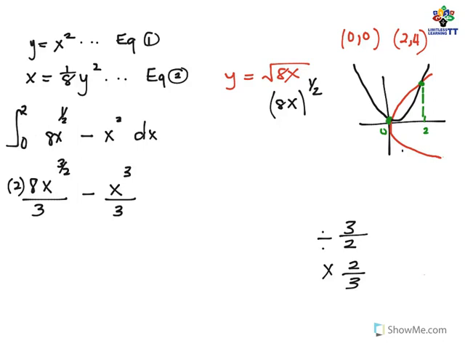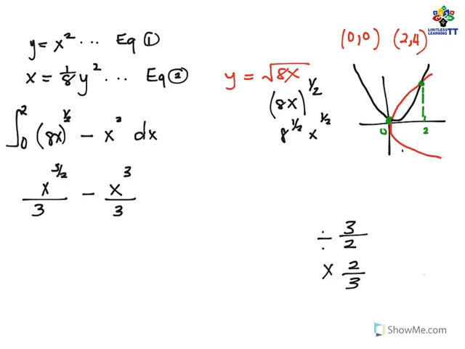Okay, hold up, guys. Just 1 second. This is why you always put in your parentheses. This should be 8x to the power of 1/2, right? Which is the same thing as 8 to the power of 1/2, x to the power of 1/2, right? So I just want to make that distinction.